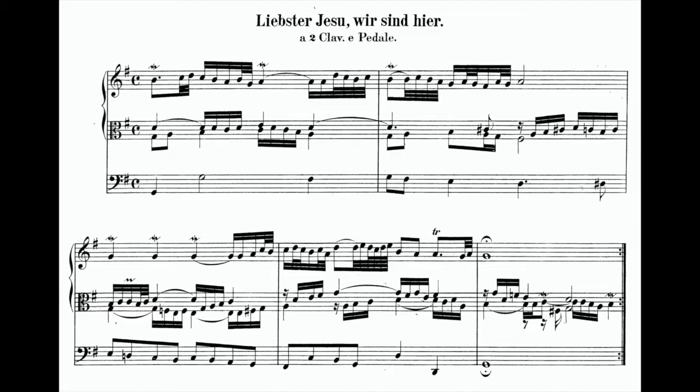And this is interesting. We have three Gs and three times Bach writes a mordente.